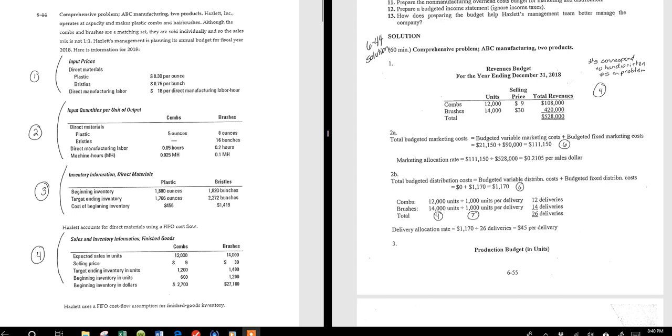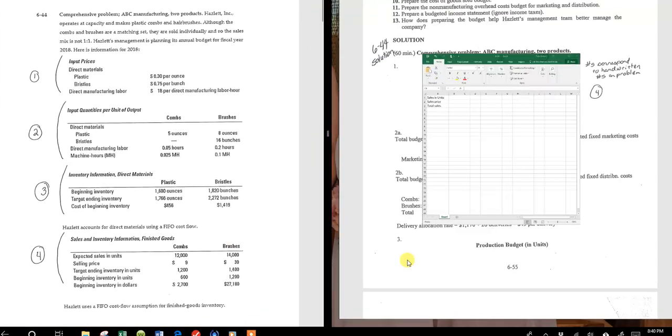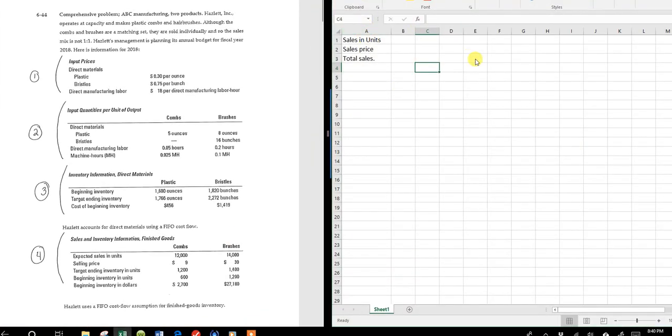So what we're basically going to do in a master budget is, let me see if I can get my Excel sheet here. Before we do that, I'm going to go over here, and we basically have an income statement. It's the sales minus cost of goods sold. It gives us gross profit minus operating expenses.